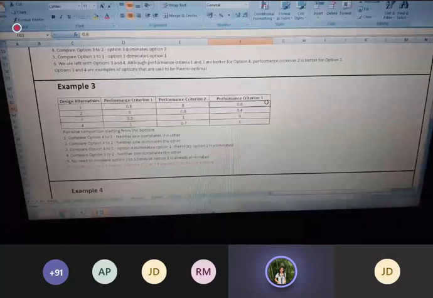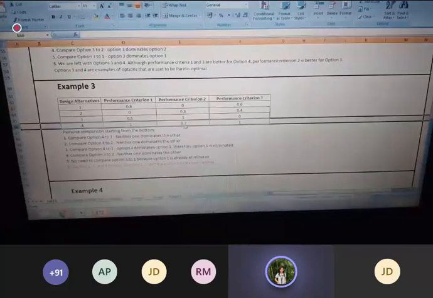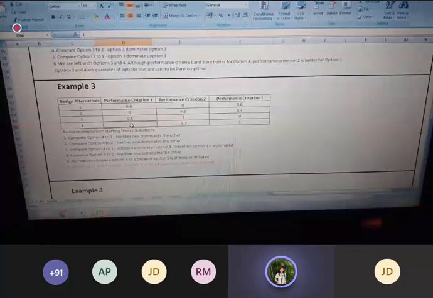Then comparing option 4 to 1 in all criteria, 1 is highest compared to 0.8, then option 4 is better.